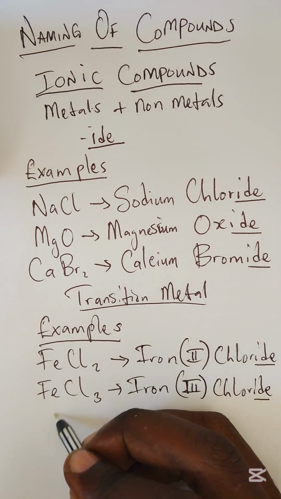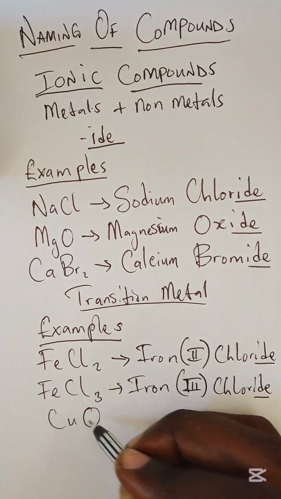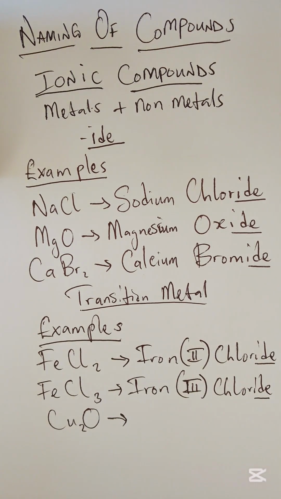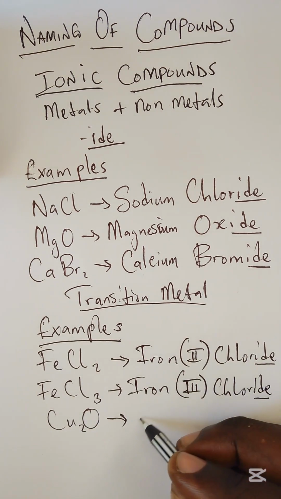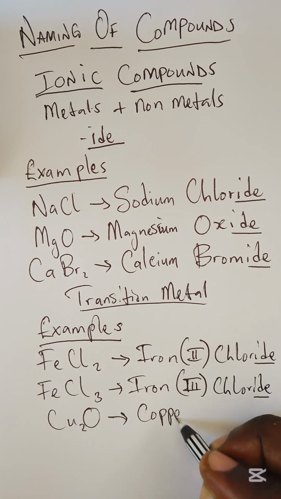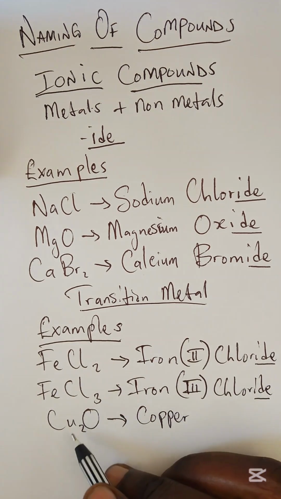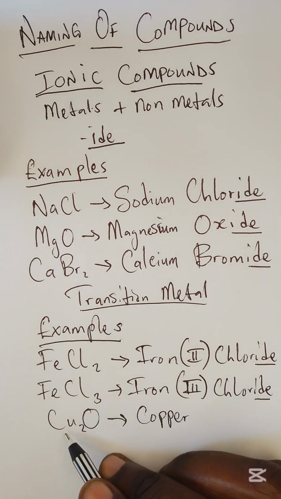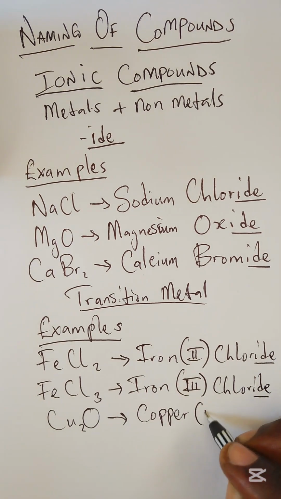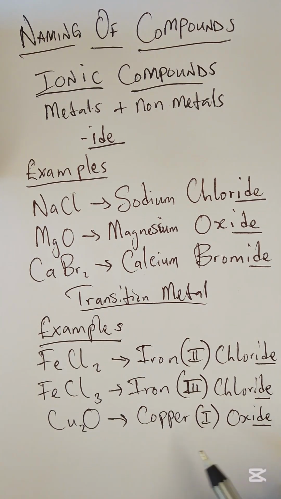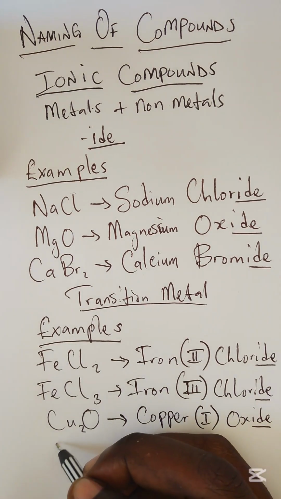The other example, this is copper, that's got a charge. Copper has got a charge of 1 in this compound, so 1, and then oxide. Remember oxide, so copper 1 oxide.